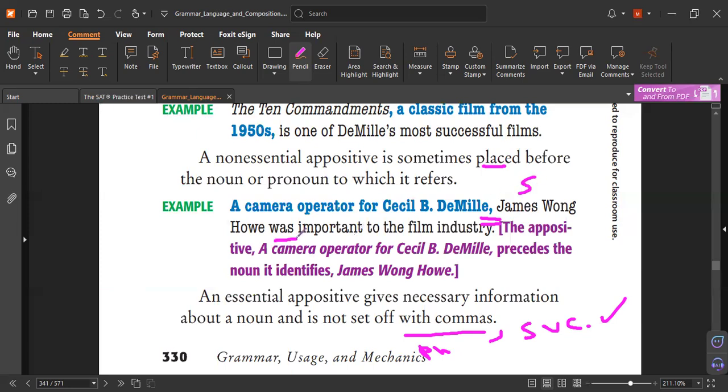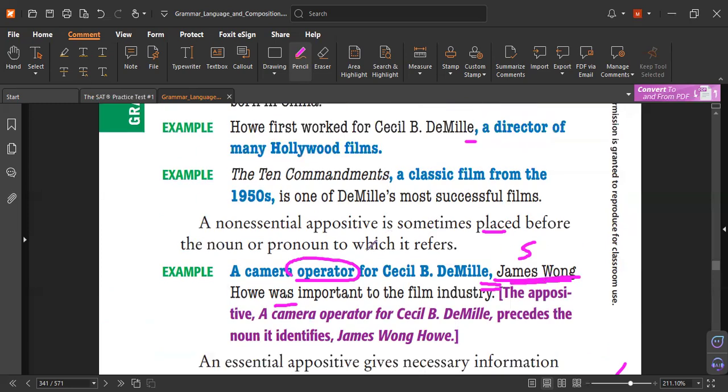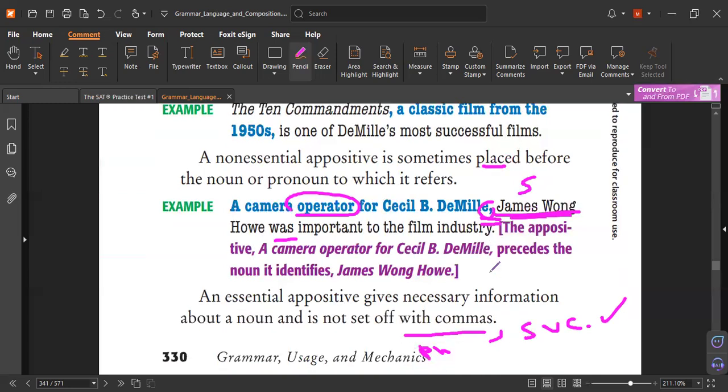Then subject, verb. That is a phrase, a camera operator. Who is the operator? This person. In this point, you need a comma because you put the phrase at the beginning. The comma is necessary. They said here, necessary. That's one.